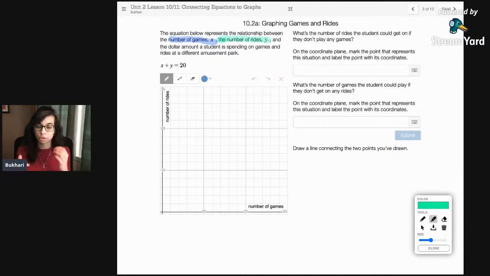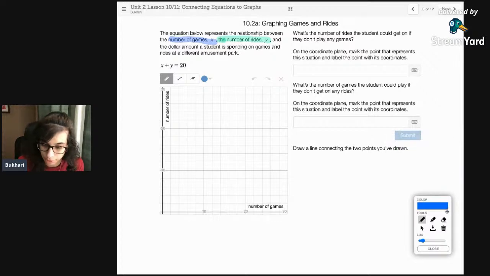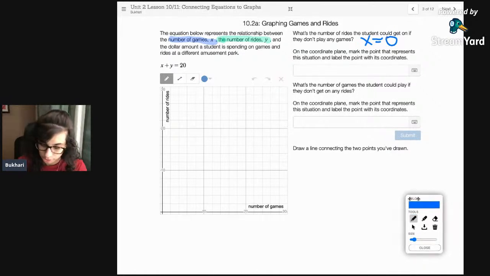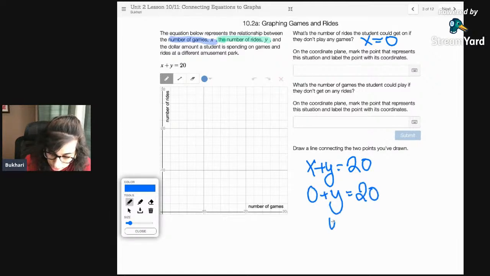And so what if we don't play any games? So that means my x in this instance is 0, right? I play no games. And so, okay, let's take a look at my equation. I know that if I play no games, that means x plus y is equal to 20, and that 0 plus y is equal to 20, which just means y is equal to 20.